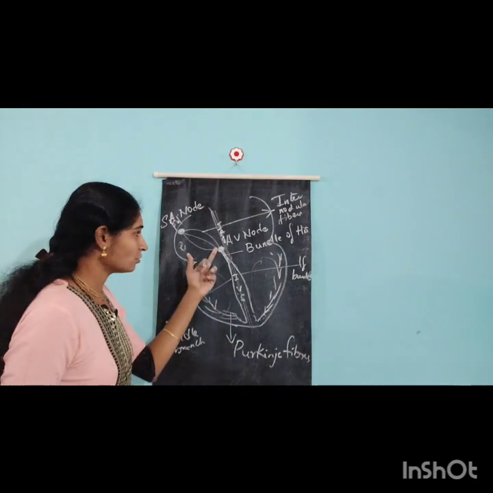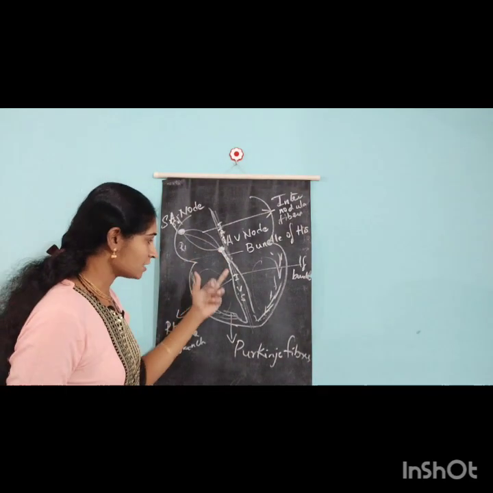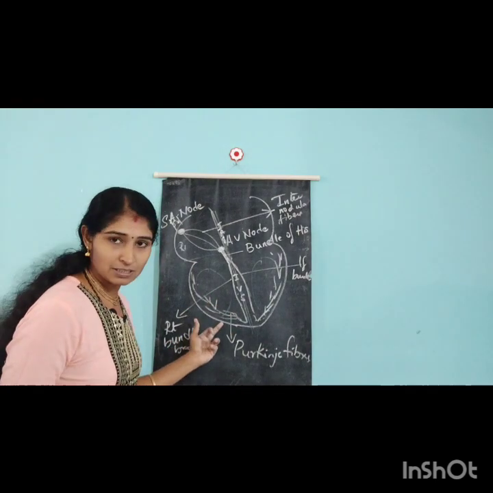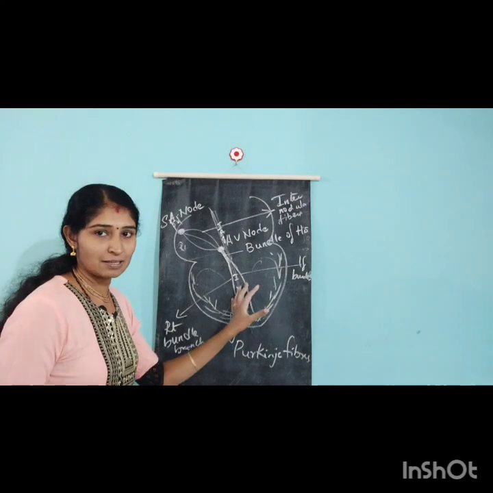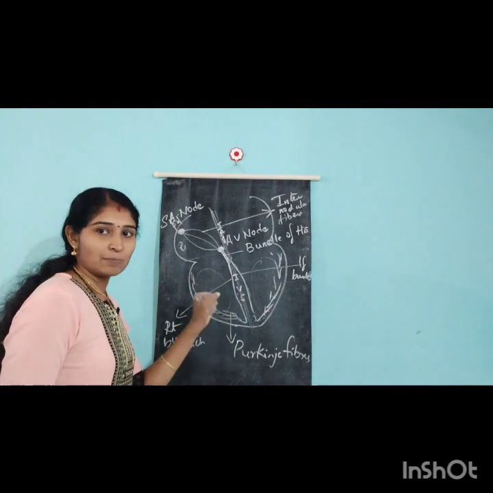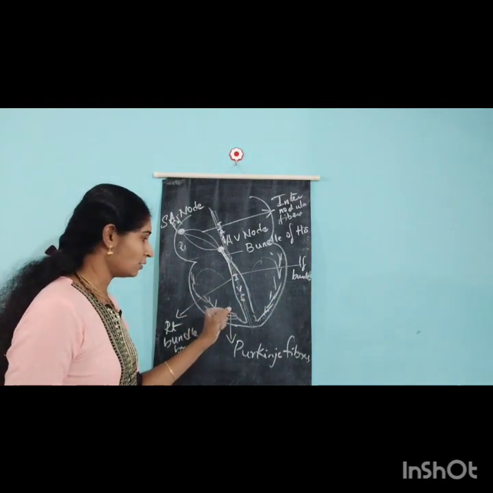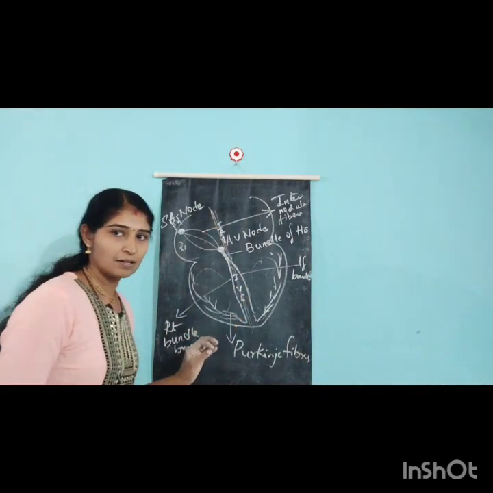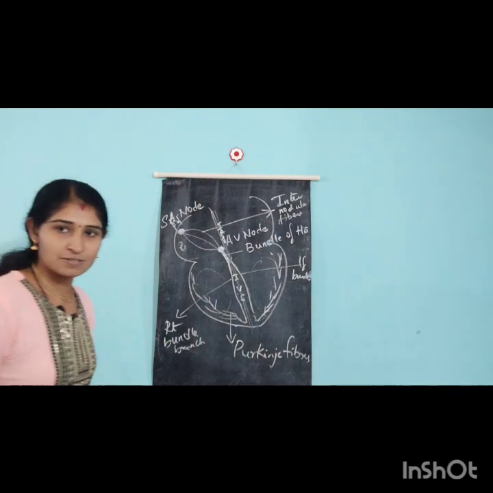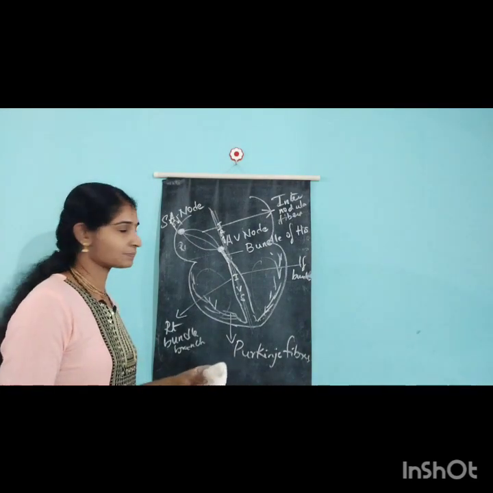Then the impulse moves on to the AV node, bundle of His, left and right branch, then the Purkinje fibers. Purkinje fibers give a signal to the ventricles saying contract and pump the blood into the pulmonary artery and the aorta. This is the conduction system of the heart.